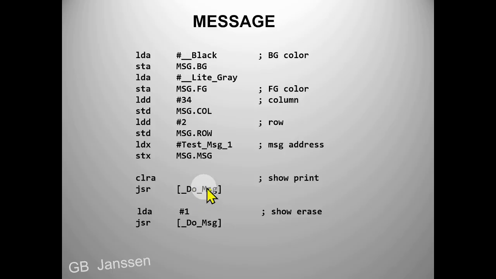So that just tells this function here to print this stuff on the screen. So we'll put it on the screen, and then you go do whatever you want to do. And if you come later on, you can say put a 1 in register A, jump routine to that same routine, and it will erase the screen.